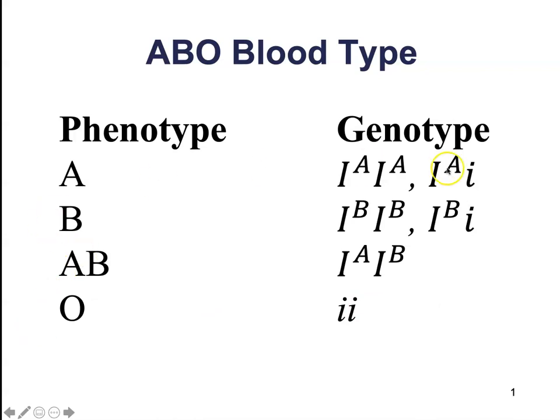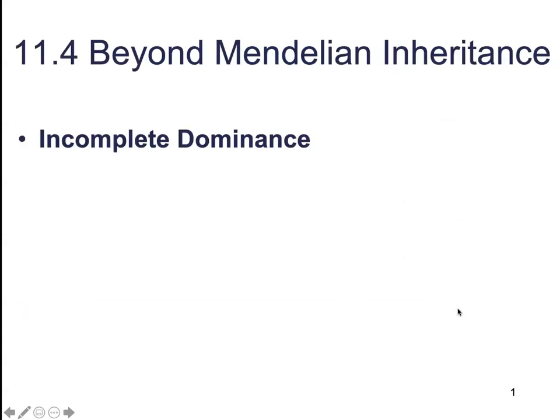The phenotype A is represented by being homozygous dominant for A or heterozygous dominant for A. The phenotype B is indicated by being homozygous dominant for B or heterozygous for B. AB is when we have both A and B, so heterozygous AB, and O is when we are recessive for both alleles.